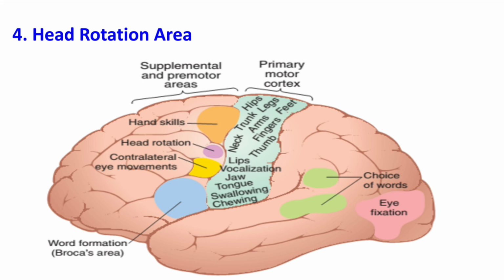Then finally we have head rotation area, and this area is located slightly higher in the motor association areas. As the name indicates, the stimulation of this area will cause head rotation. This area is closely associated with the eye movement area, that is frontal eye field, and it directs the head towards different objects.